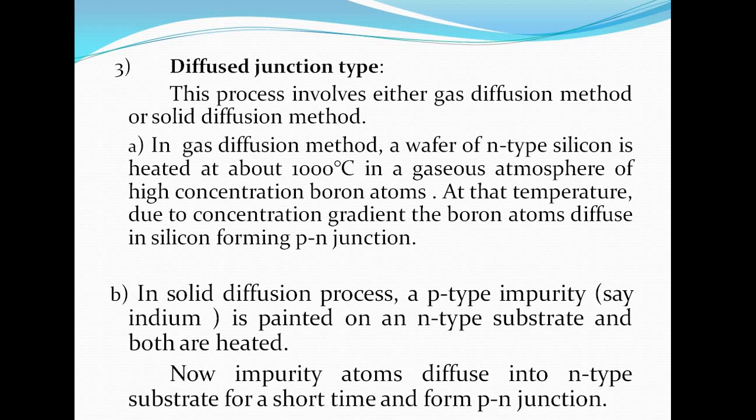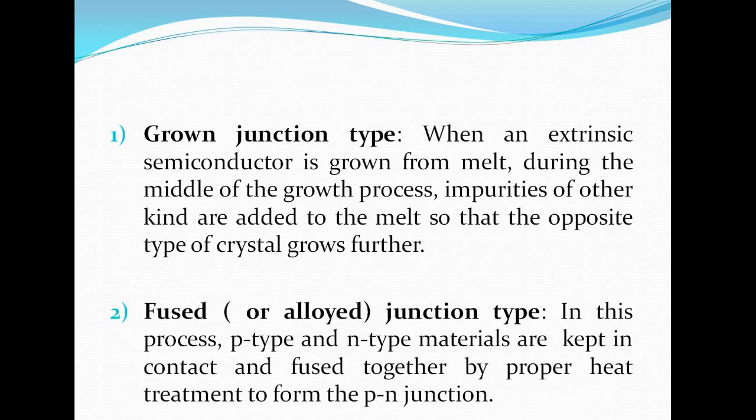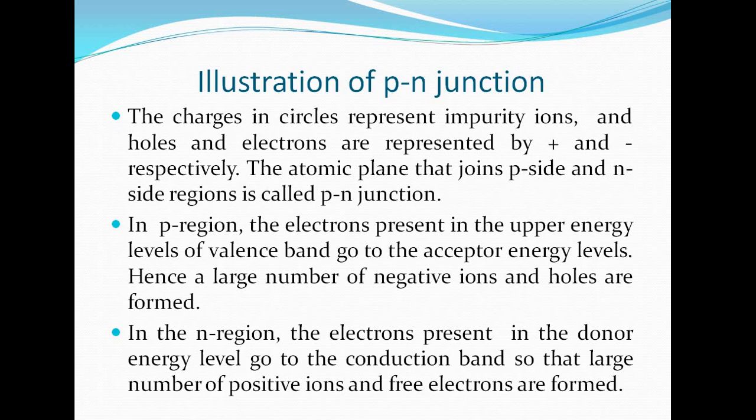Due to heating, the p impurity atoms diffuse into the n-type substrate for a short time and form the p-n junction diode. This is the formation of the p-n junction diode. We make the p-n junction diode by three different methods: diffused junction type, grown junction type, and fused junction type.